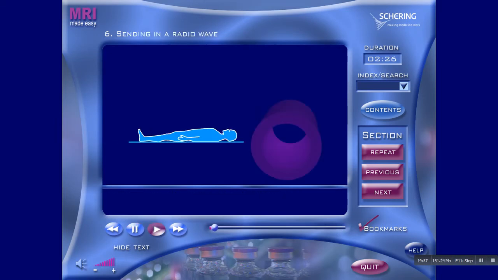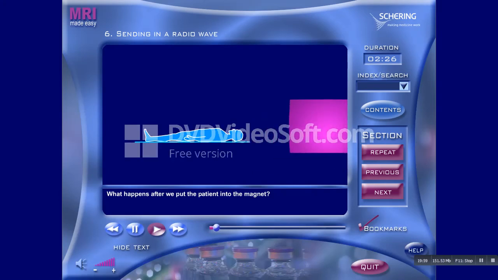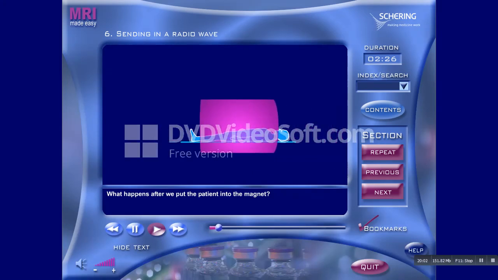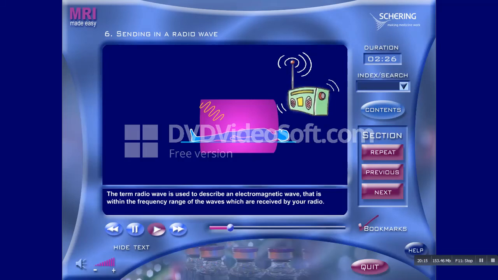What happens after we put the patient into the magnet? We send in a radio wave. The term radio wave is used to describe an electromagnetic wave that is within the frequency range of the waves which are received by your radio.